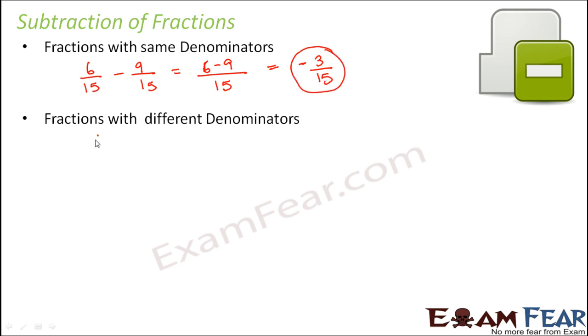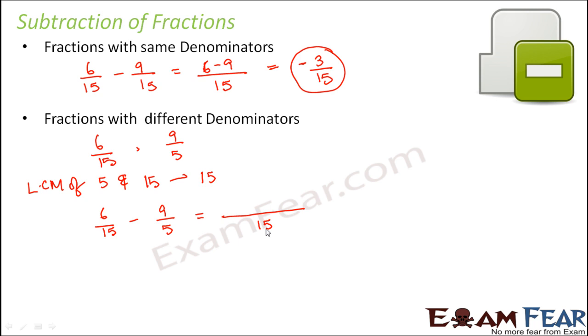And when you have fractions with different denominators like 6 by 15 and 9 by 5, in this case again you find out the LCM of 5 and 15. So just now in the previous slide we found out that the LCM of 5 and 15 is 15. So 6 by 15 minus 9 by 5 is equal to, denominator would be 15.